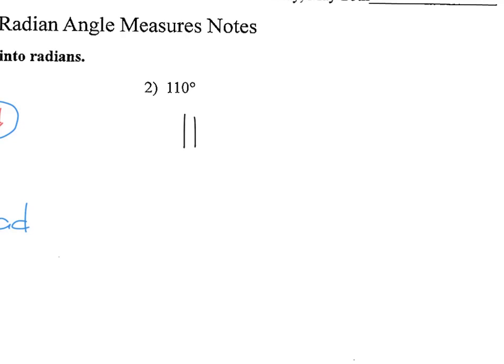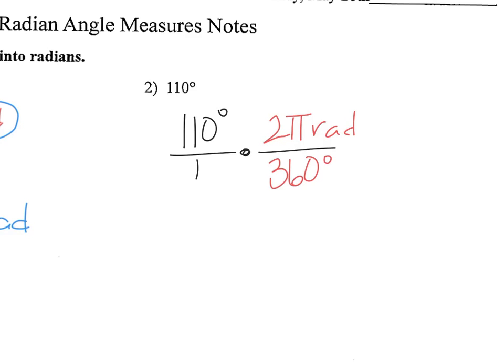So a little more quickly this one, on the next one, at 110 degrees, set it up as a fraction. Start with 110 degrees, put it over 1, multiply by a fraction that's equal to 1, circle over 1 circle. I want radians, so I put 2 pi radians up in the numerator. I'm getting rid of degrees, so I put 360 degrees in the denominator. My degree marks cancel, one top, one bottom.